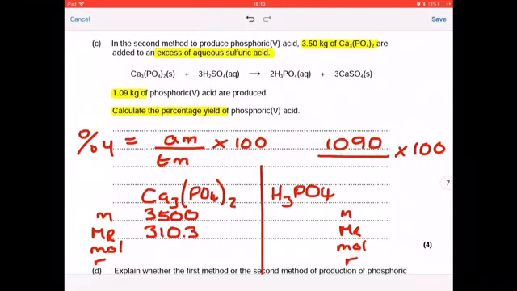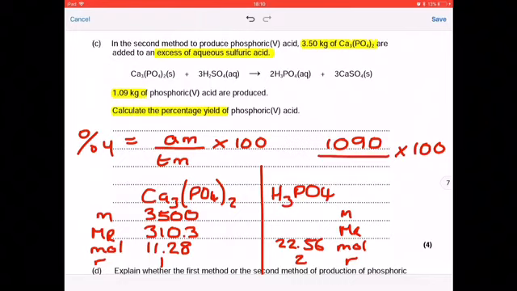To get moles, you divide the two numbers that you've got, so it's 3,500 divided by 310.3. That gives you a total moles of 11.28. The ratio between the two is 1 to 2. You get that from the equation at the top. And therefore the moles of phosphoric acid is 22.56.